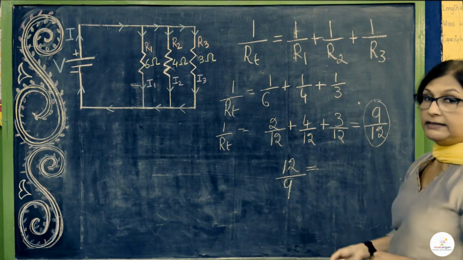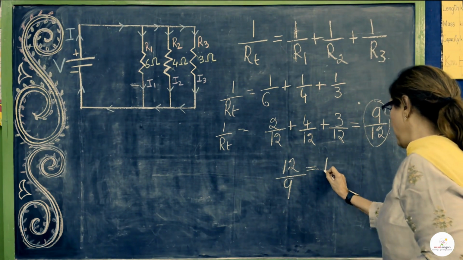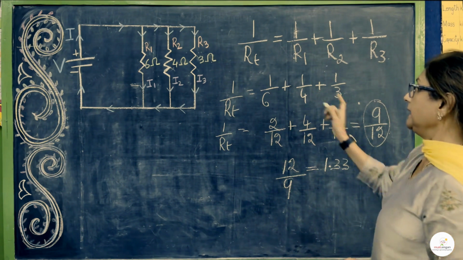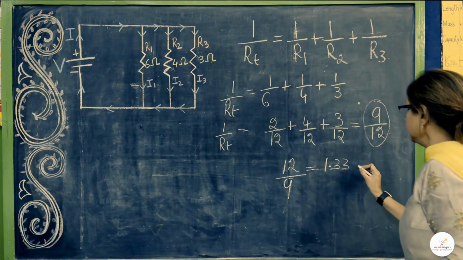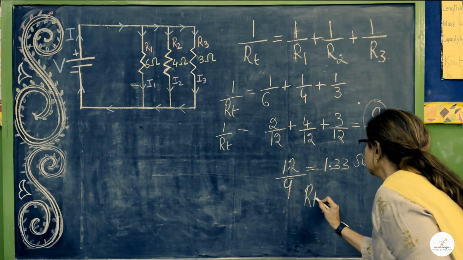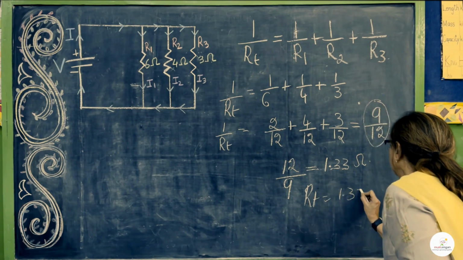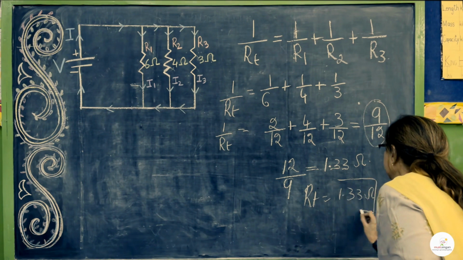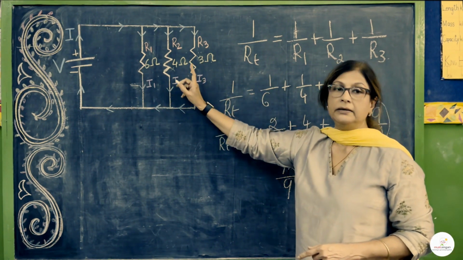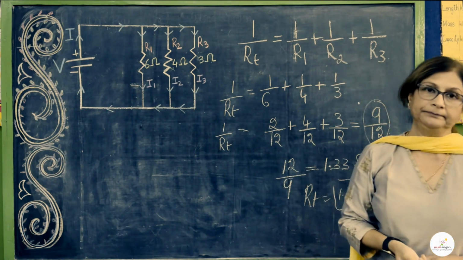And if we calculate it, it comes to approximately 1.33. And the unit for resistance, as you know, is ohms. So the total resistance is 1.33 ohm. Total resistance of these 3 resistors, resistor 1, resistor 2 and resistor 3.